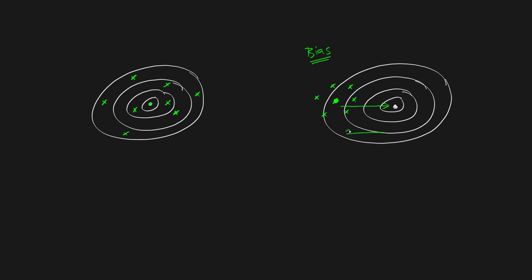You're always over here too much. Whereas in this first distribution, sometimes you're too much to the left, sometimes you're too much to the right, sometimes you're too high, sometimes you're too low, but on average, you're getting to the right point. This is what we want to see with samples. We want to see that they are unbiased.